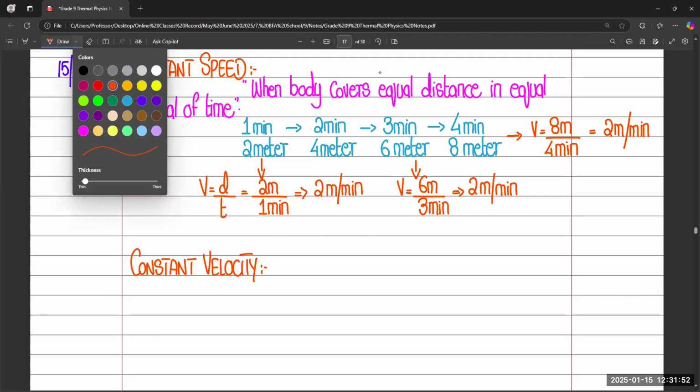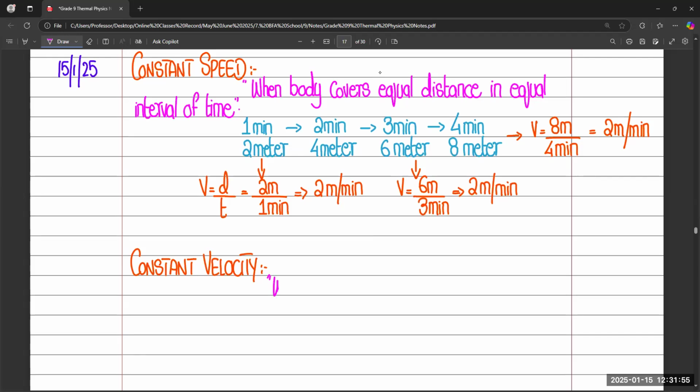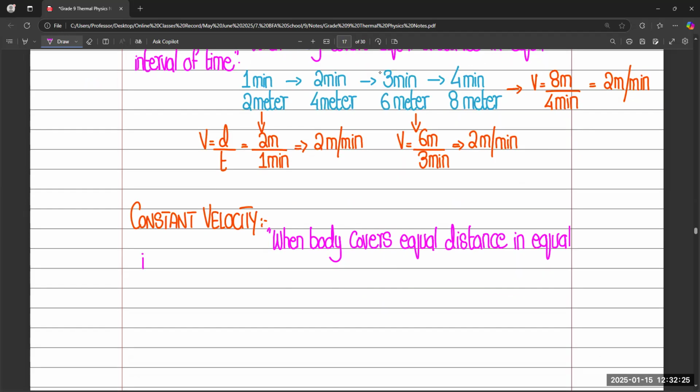So the definition will be: when a body covers equal distance in equal interval of time in the same direction. So that is called constant velocity, right?